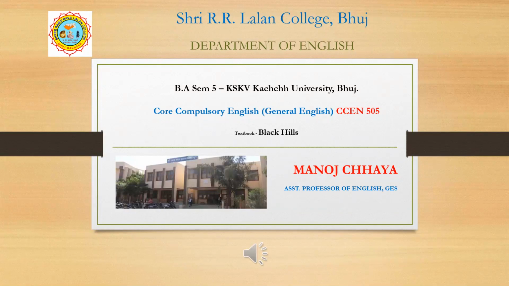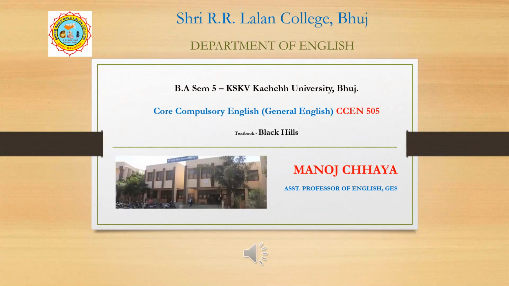This is Manoj Chhaya from the Department of English, and we will be doing together BA or BSc Semester 5 affiliated to KSKVKU University, Bhuj. The course that we are going to do together this semester is called Core Compulsory English or General English.